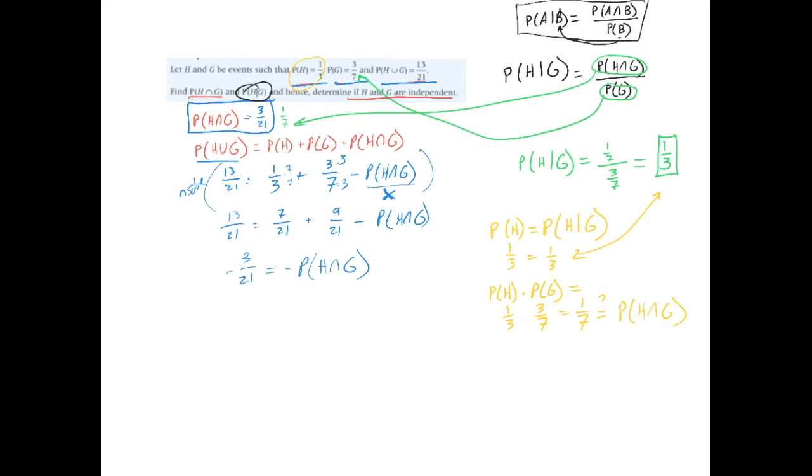And we do know that the probability of H and G, we found earlier, was 1 over 7. And because it's the same, then we know it's independent. You can't use that in the beginning to get the intersection, because we don't know that it's independent yet. But now that we've proven it, we can say, because it's independent, those two things should be the same, and I found them independently, and they are the same.